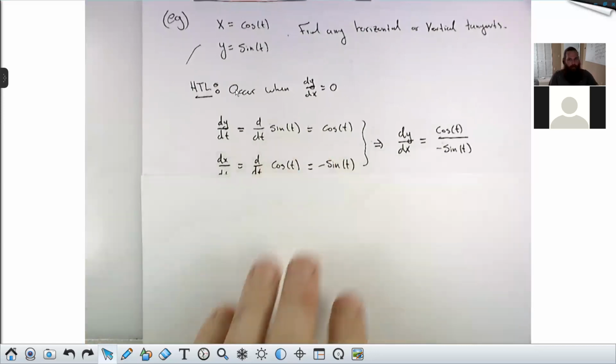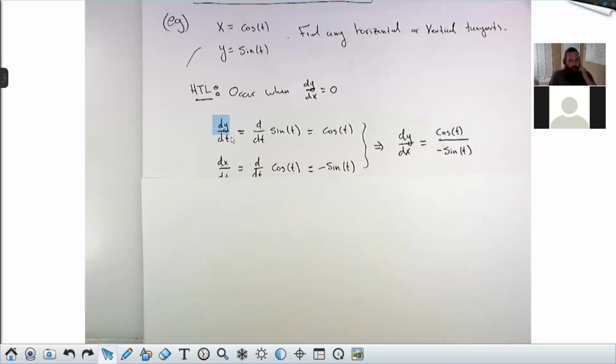Dy dx, I know, is dy dt over dx dt, so I calculate dy dt. That's the derivative of my y function. My y function is sine t, so that's the derivative d/dt of sine t, which is cos t. So dy dt is cos t. Similarly, dx dt is the derivative of the x function.